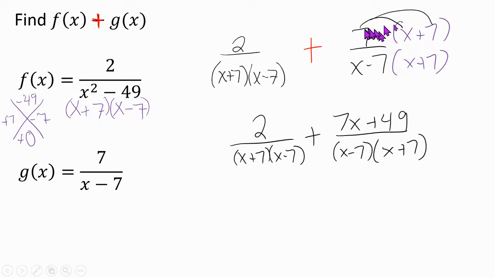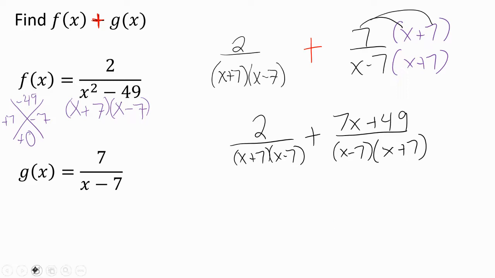So if you're wondering how did we get this, we just took that 7 and we distributed it. Now, if this was a negative, you would have to take that negative on that 7 and distribute a negative 7. So if this said subtraction, make sure you put the negative with that 7 and then distribute.